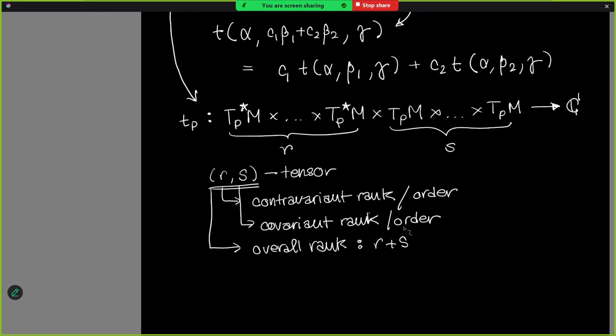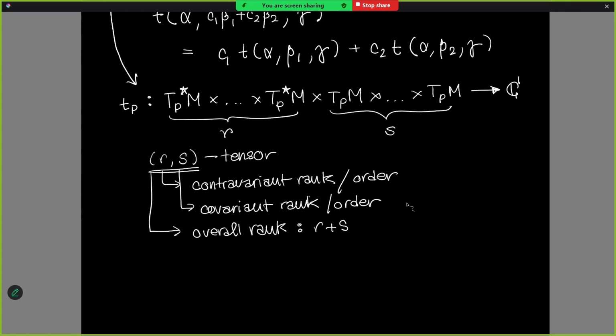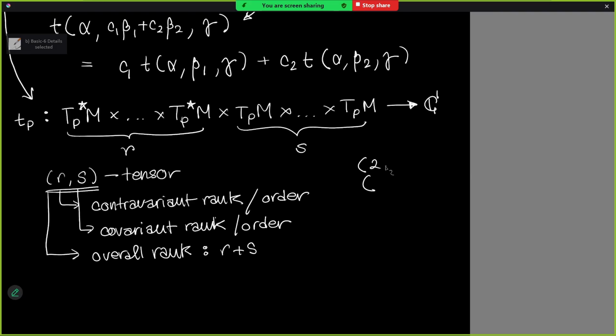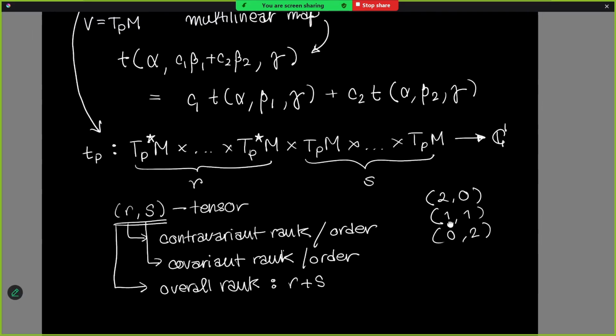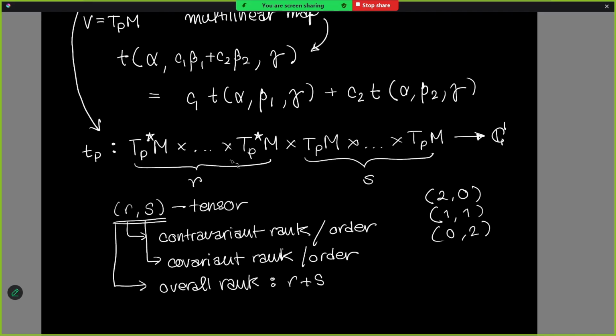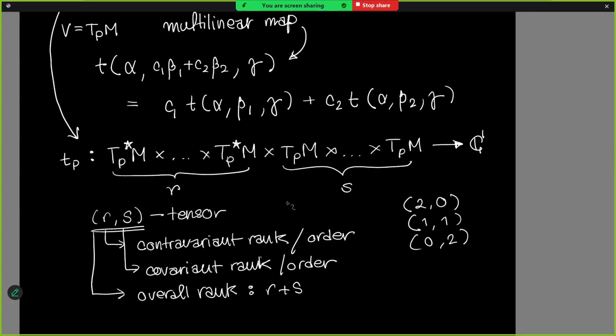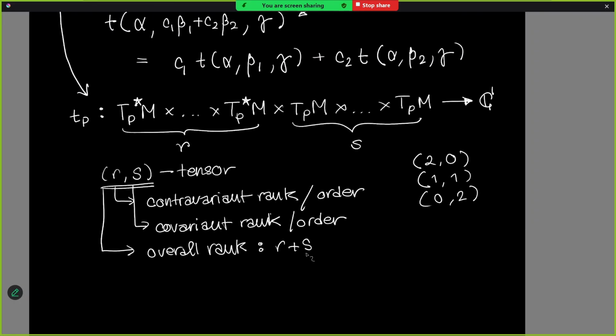So all the tensors where R plus S is the same are the same rank tensor. You could have, for example, the (2, 0) tensor, the (1, 1) tensor, and the (0, 2) tensor. And that tells you how many of each of these inputs it's going to take. The (2, 0) tensor takes 2 covectors, whereas the (1, 1) tensor takes 1 covector and 1 vector, or contravector.